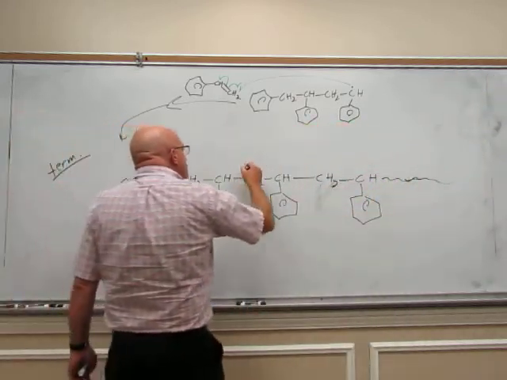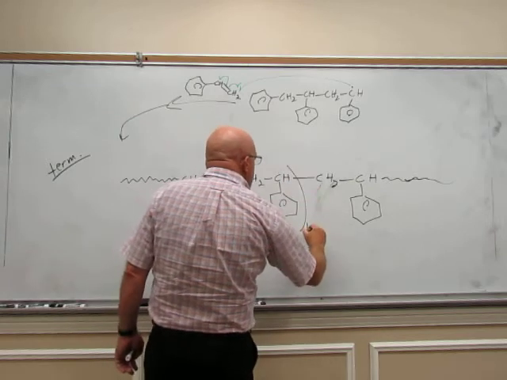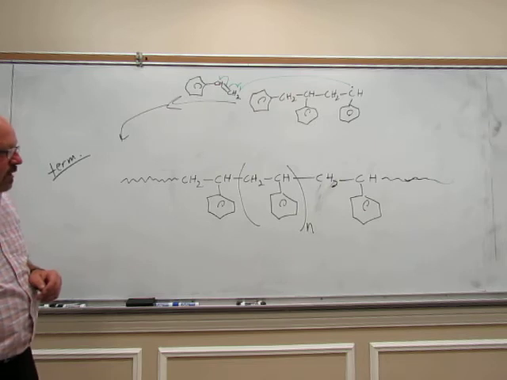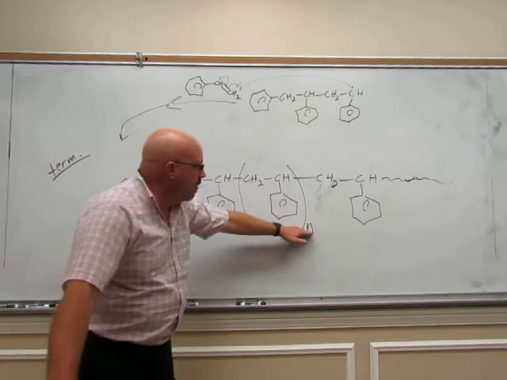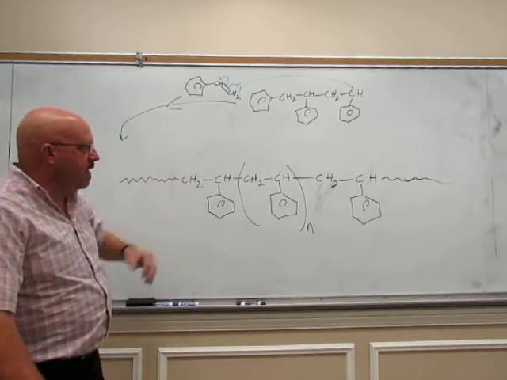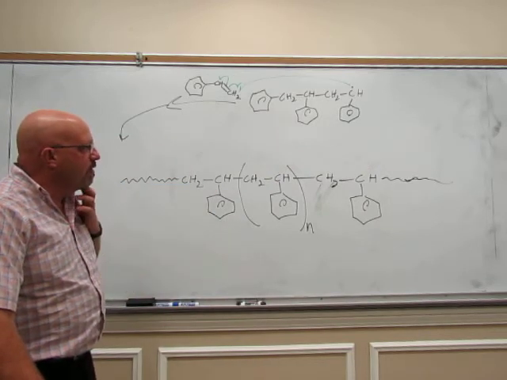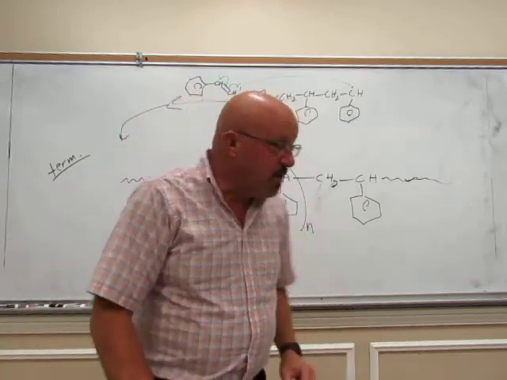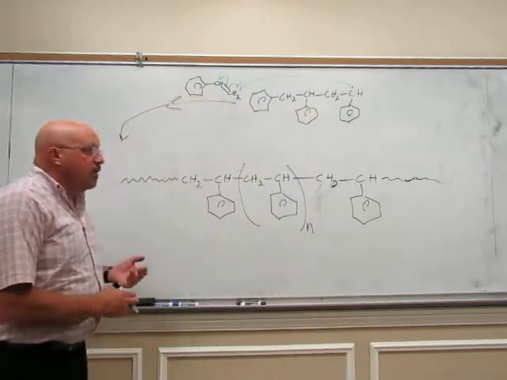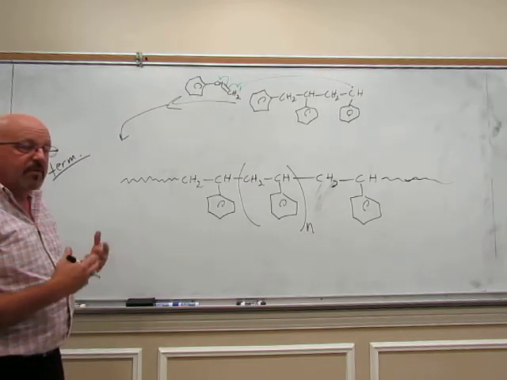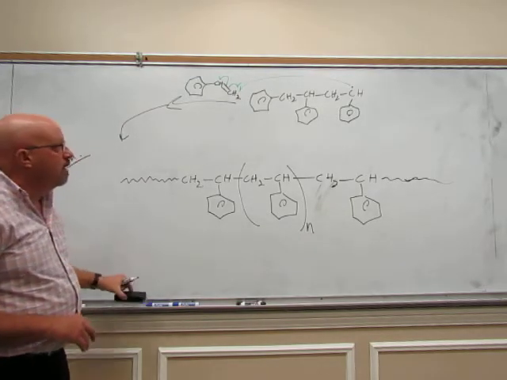And I have some number of these units here that are repeating. So I'm going to put that in parentheses with a subscript n. There's some number of these that are repeating all the way down the chain. Like I said, these typically have a molecular weight of anywhere from 100 to 400,000. So that's our polystyrene.